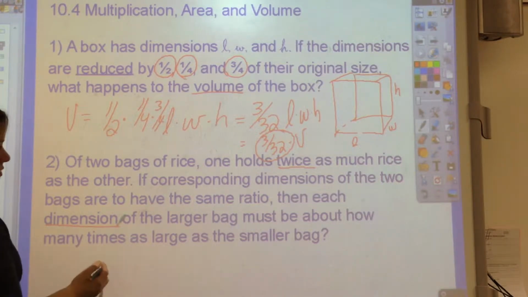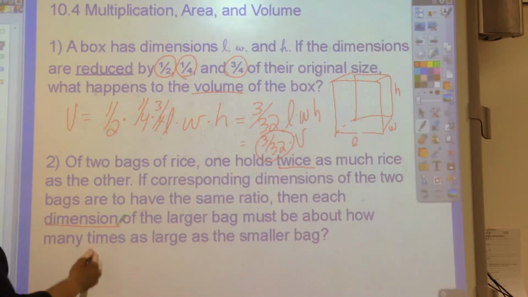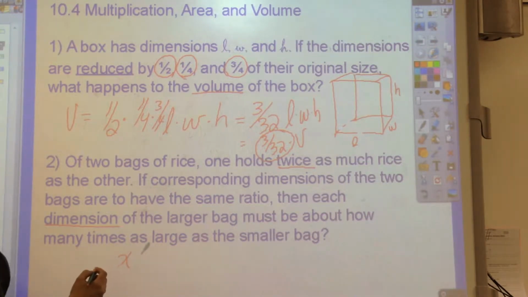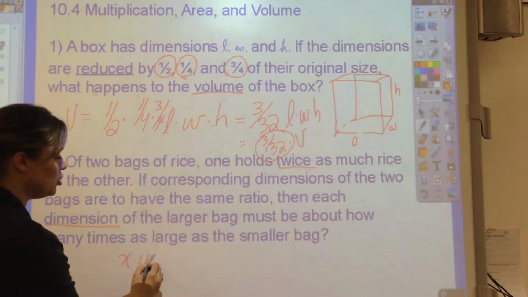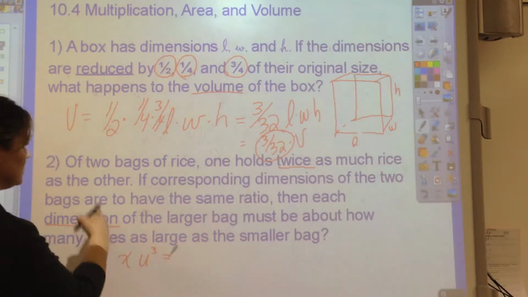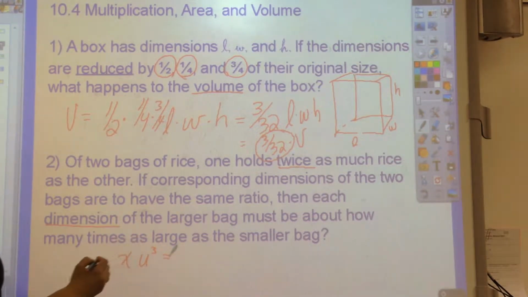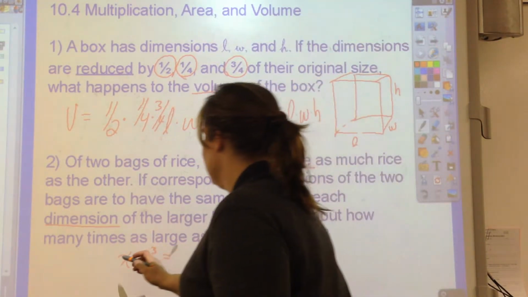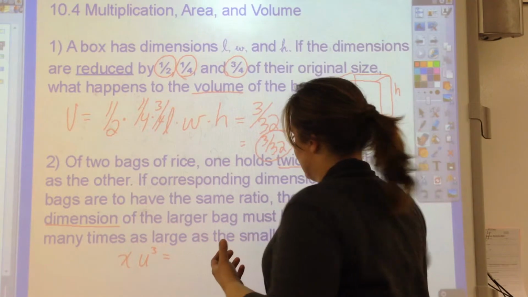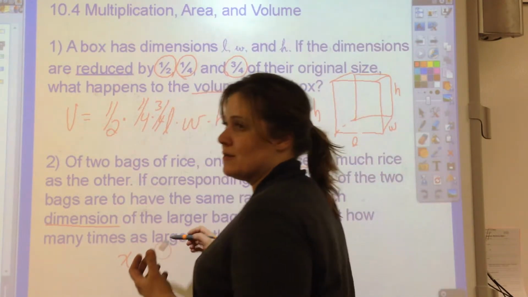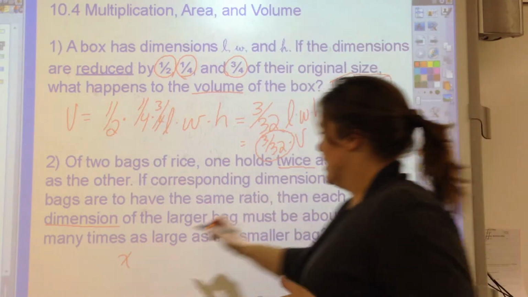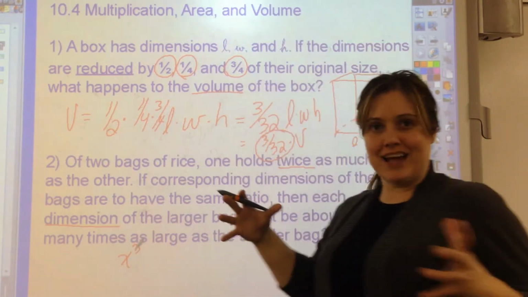So if I have my dimensions in some cubic form, let's say x to some unit cubed is my volume of the one bag, and let's maybe make that even more specific. Let's call this my total volume. Let's call that cubed, and I'll just leave units off of it entirely.